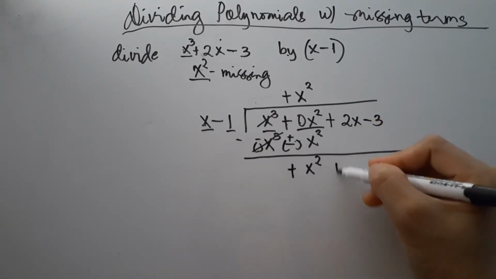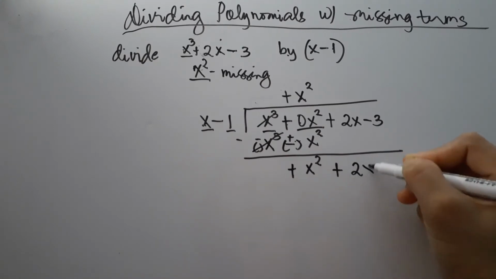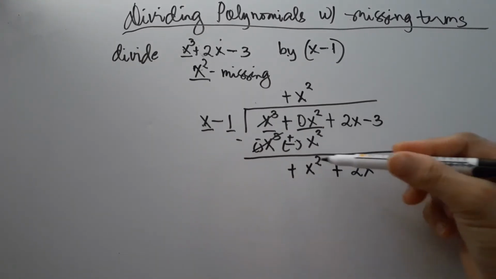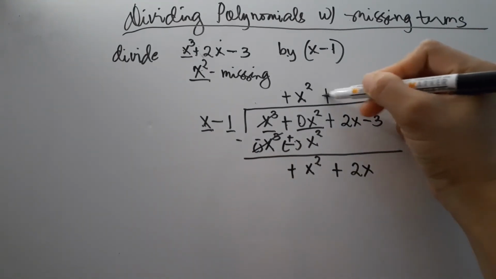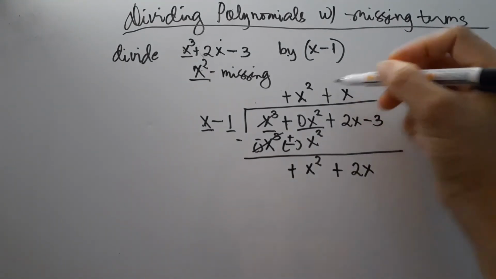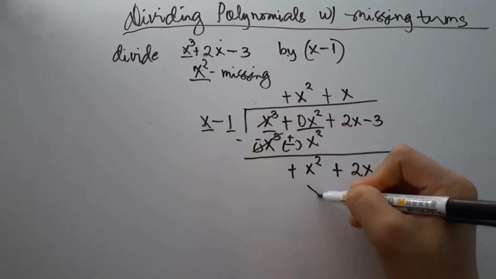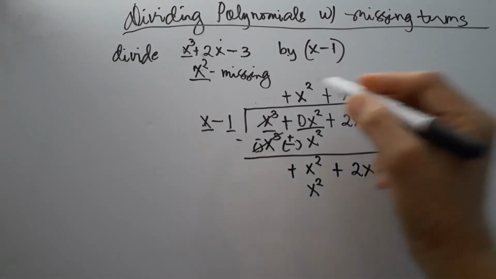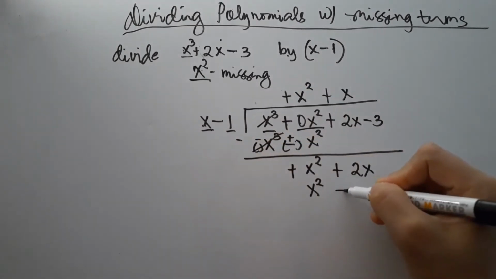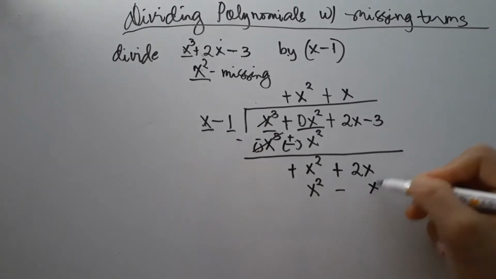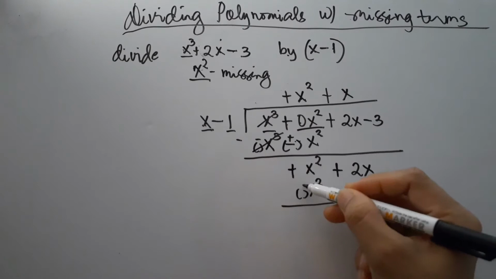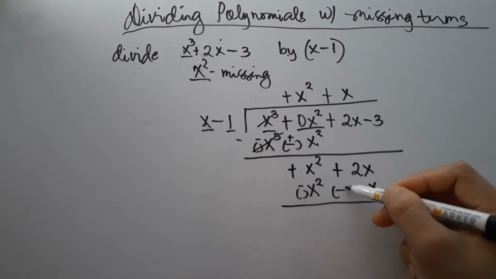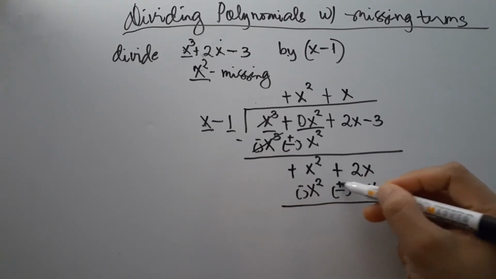Bring down 2x. Then x squared divided by x becomes positive x. Then x times x becomes x squared. Then x times negative 1 becomes negative x. Then subtract. Change all the signs in the second row of polynomials.